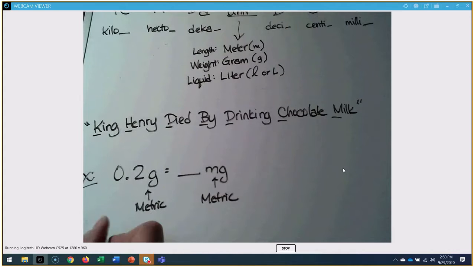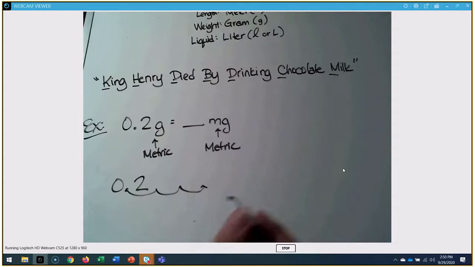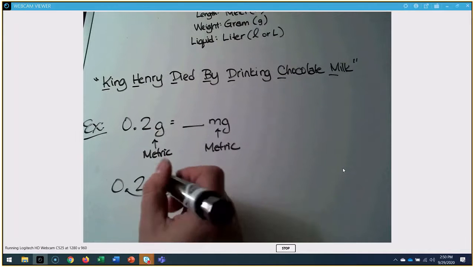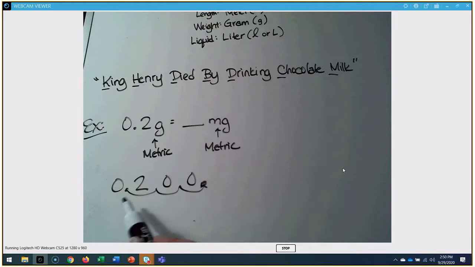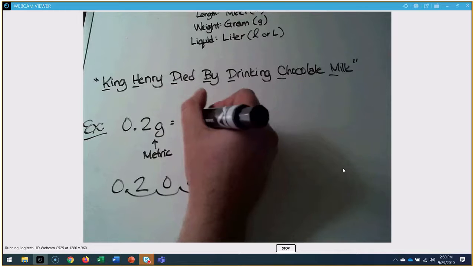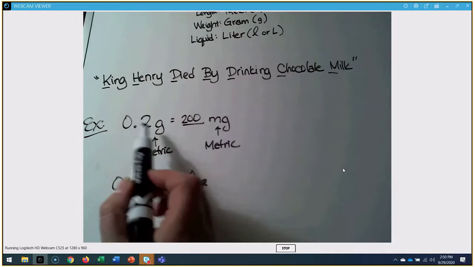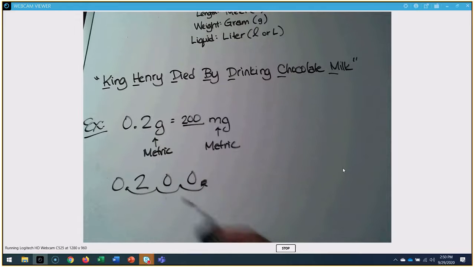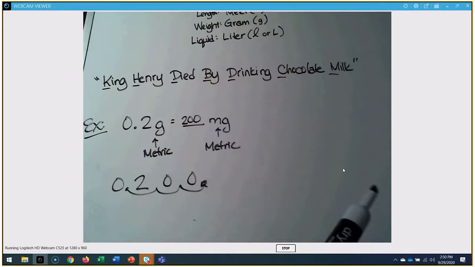If you're starting here, you're going to go 3 times to the right. 1, 2, 3. Put it back here. Fill in with zeros, and now we've got the number 200. So 0.2 grams is equivalent to 200 milligrams then, all based on just moving decimals back and forth.